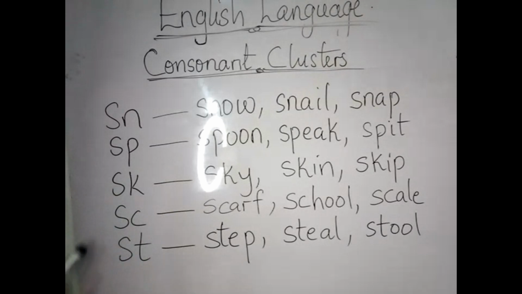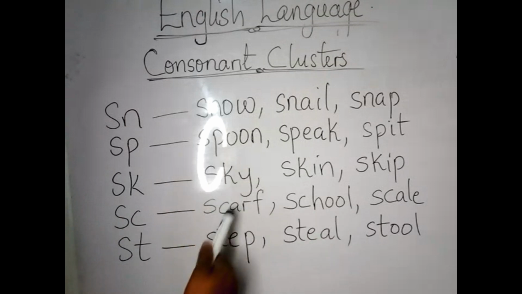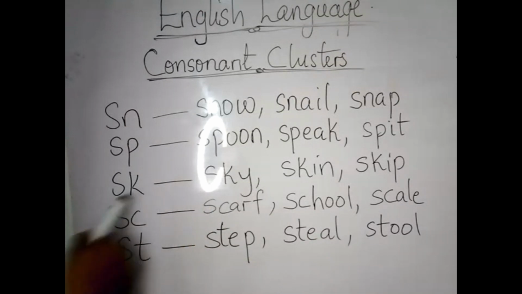The next one is S and C, the sound S and K, just like S and K. In this case there is no secret, really. If it's a word like this, it has to be S and K or S and C. They are just what they are.